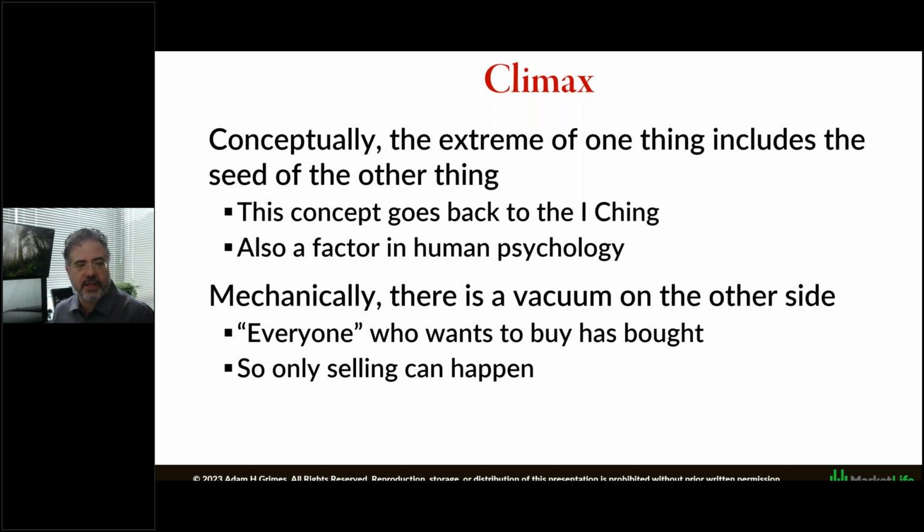So also, there is a little bit of philosophy here. Maybe the I Ching expresses this most clearly, that the language there is the fullness of yang contains within itself the seed of yin. So when something gets to the point where it's reached a complete extreme, it's natural for things to swing back in the other direction. This is why philosophically it is useful for a trader to think about some more Eastern conceptions.